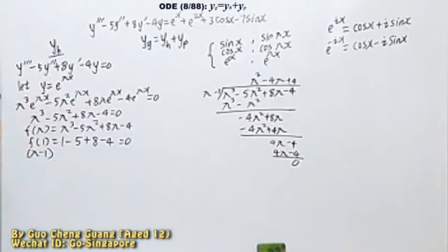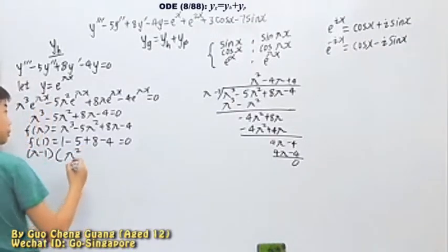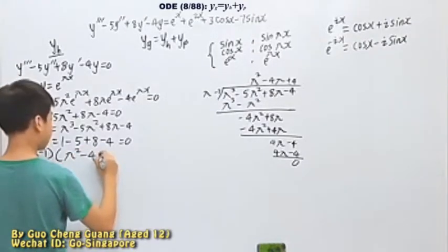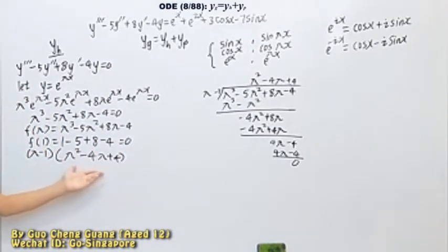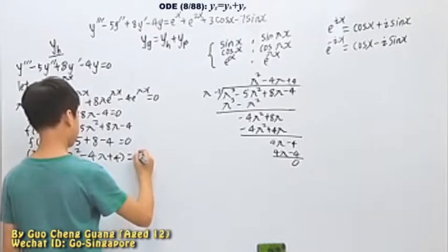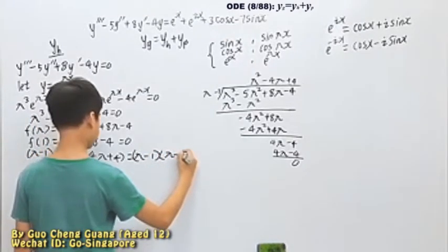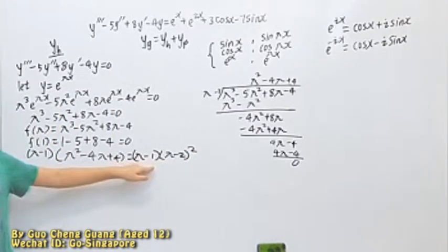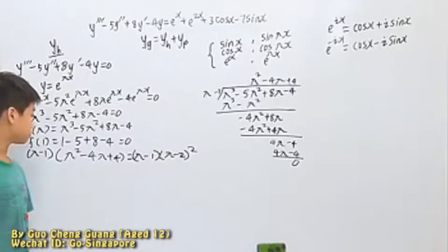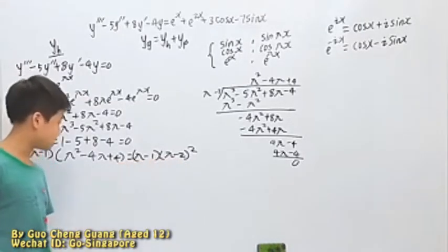Here, you get this. So the other part will be lambda squared minus 4 lambda plus 4. Does this part look familiar? By cross multiplication if you want. But it's quite easy here. Get this: lambda minus 1 times lambda minus 2 squared. Okay, so that means you just get like this.